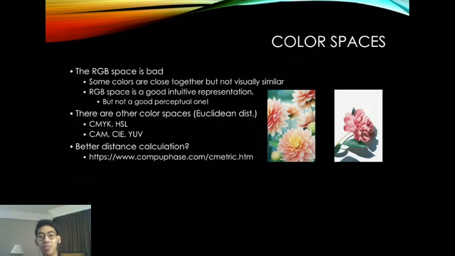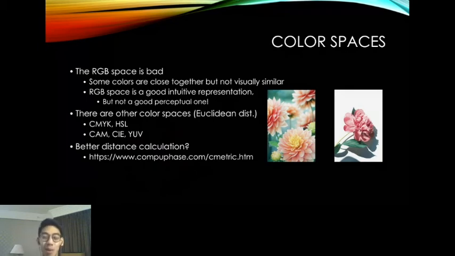So perhaps we can convert RGB into a different color space and do color transfer in that space. Or perhaps we can find a better distance calculation rather than just Euclidean distance. So I went looking for this, and I came across this website. This guy was working in color theory, and he was sad that the RGB color space is really bad at all this color transfer stuff.